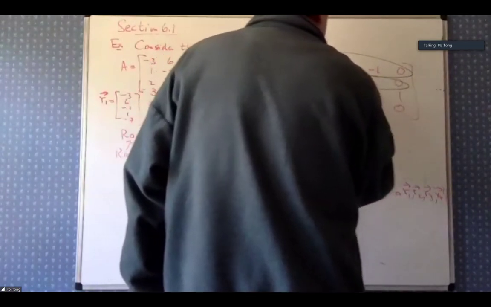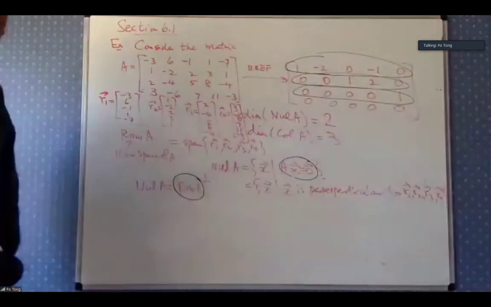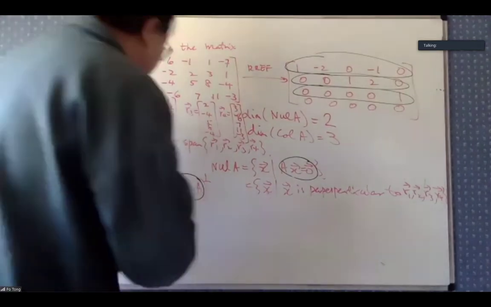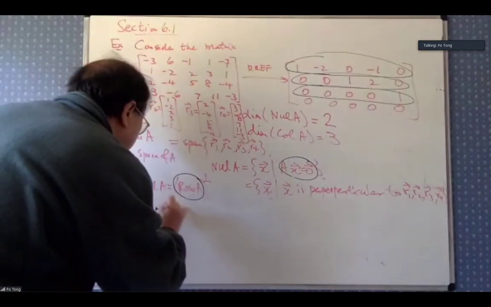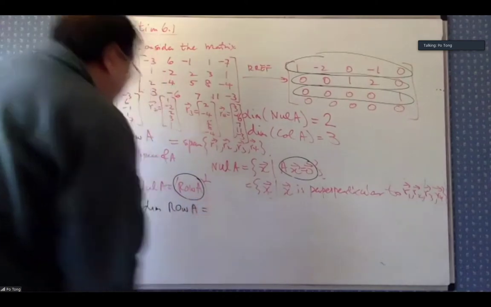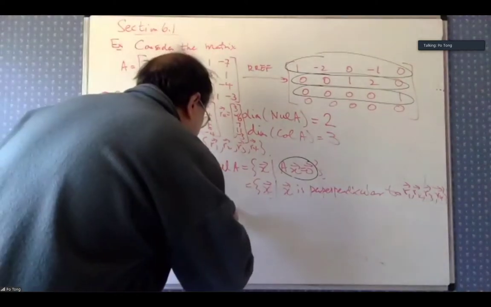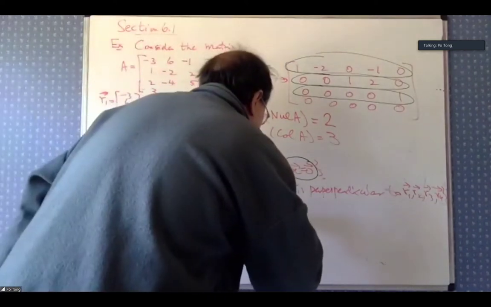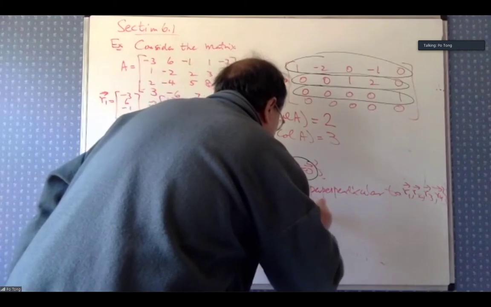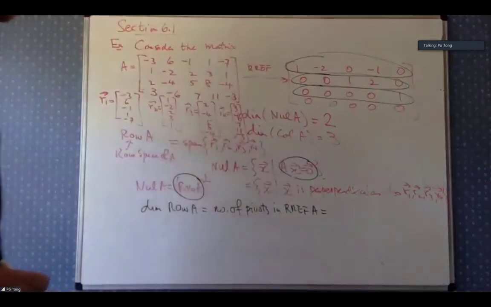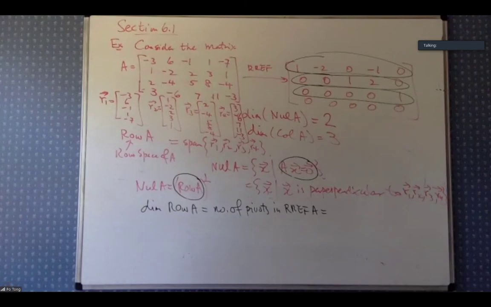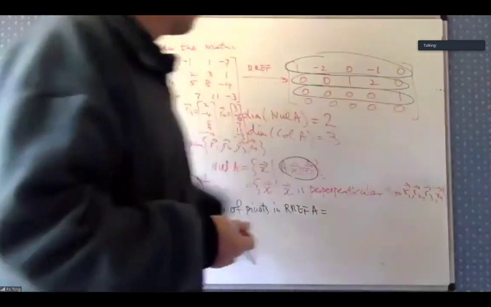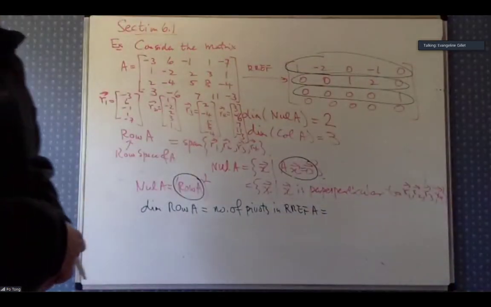So the dimension of the row space of A is also equal to the number of pivots in the RREF of A. In this particular example, how many pivots are there? 3. It's 3.